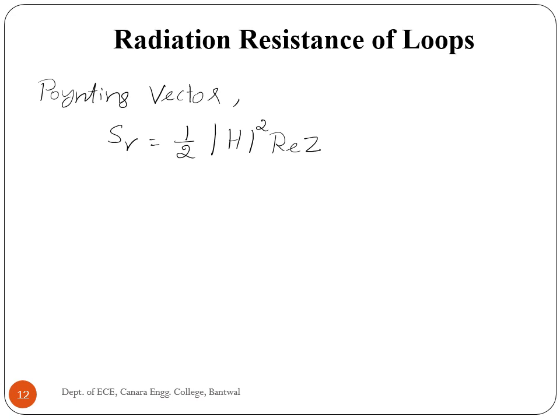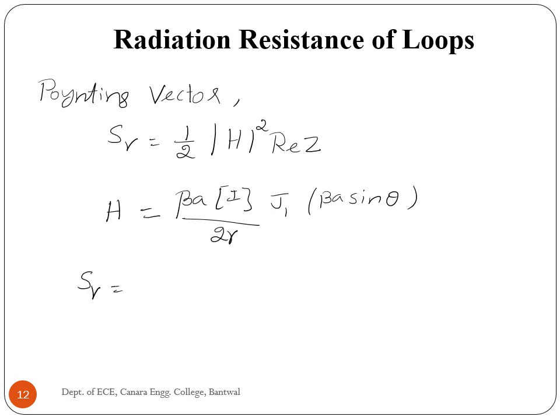The magnetic field is equal to βa I J1 of (βa sin θ) divided by 2r. Therefore, Poynting vector is equal to 15.